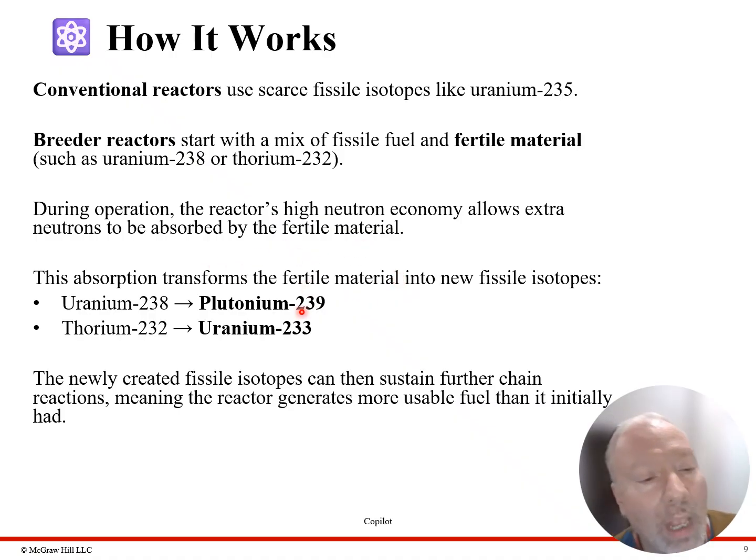So these newly created fissile isotopes can then sustain further chain reactions, just as we've seen earlier, but in a different way. There'd be a different radioactive equation to write. But now you kind of have an idea how this works in general.